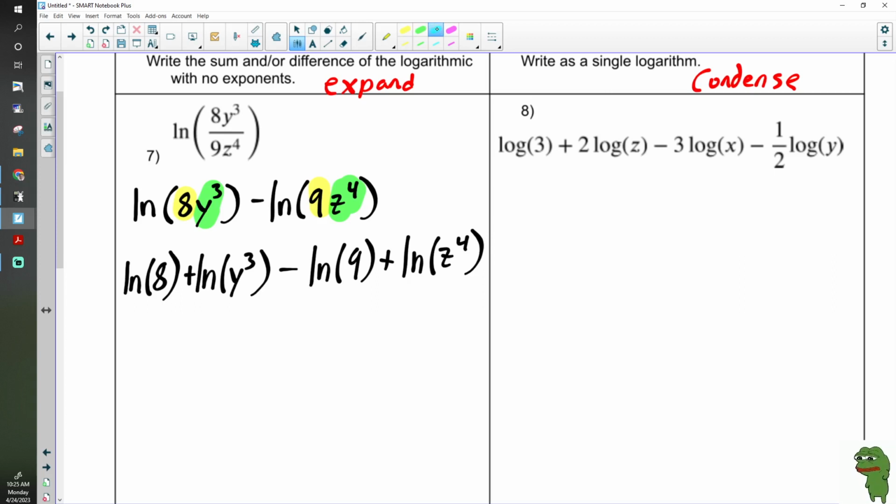That's your second rule. So division, we split it and subtract. Multiplication, we split it and add. Now, what do I do with these? They come outside in front. So these pop out in front of the log, and then we'll be done.